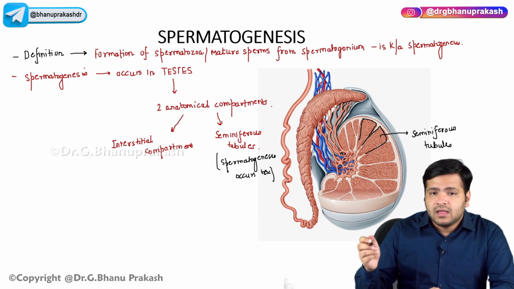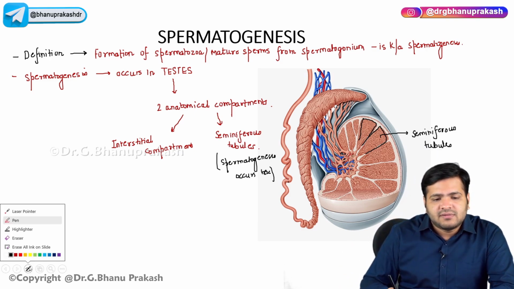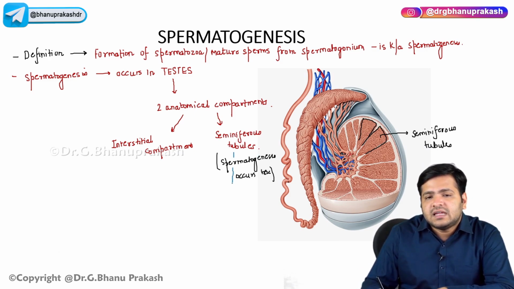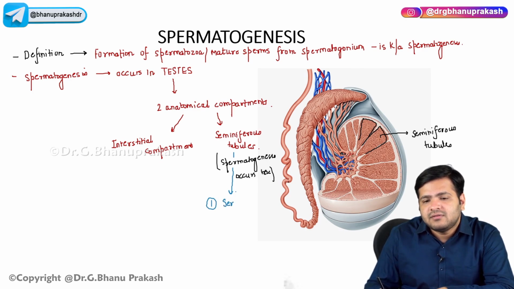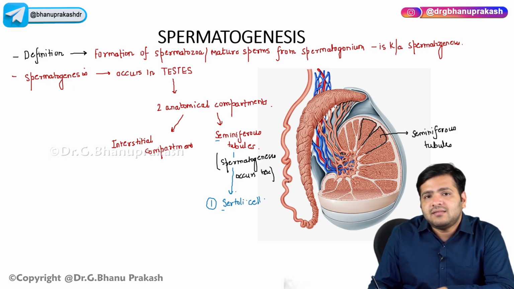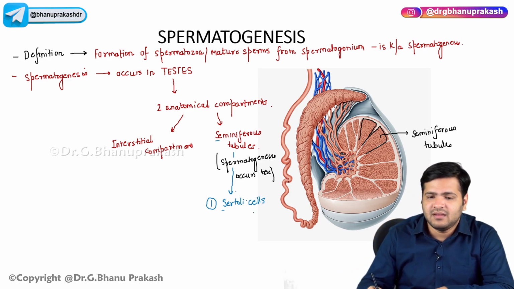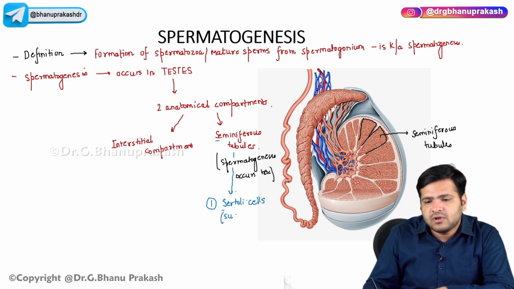Now, seminiferous tubules basically contain two types of cells. They contain the Sertoli cells. From S, you have to remember Sertoli cells. These Sertoli cells are also known as sustentacular cells.